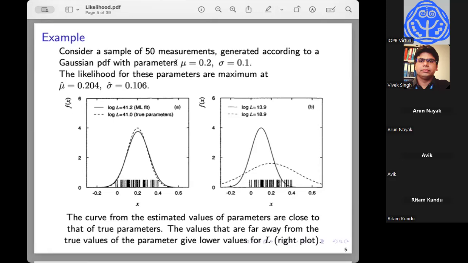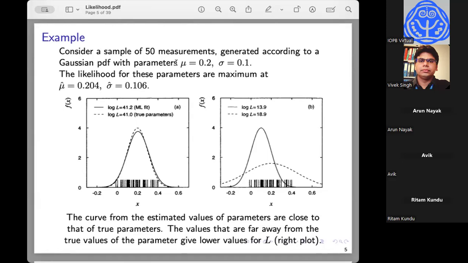Now we want to perform a likelihood fit for these parameters, mu and sigma, assuming that the values are not known. Suppose somebody generated this sample and gave it to you as observations. You don't know the values of mu and sigma; you only know that these are Gaussian distributed, and you want to do the fit to get the values of the parameters.